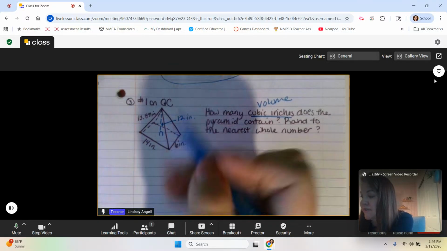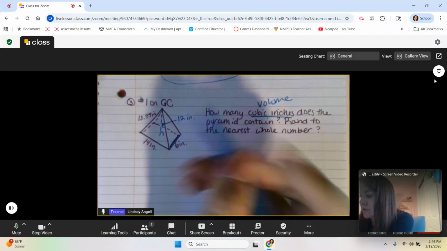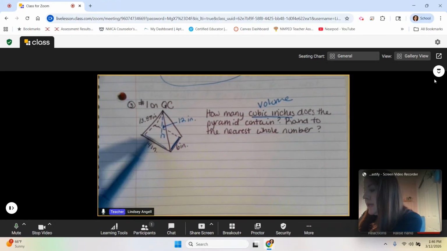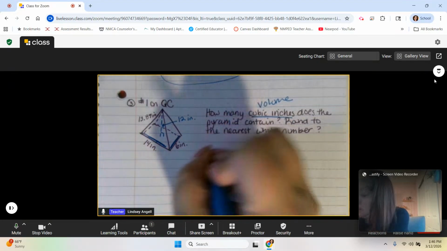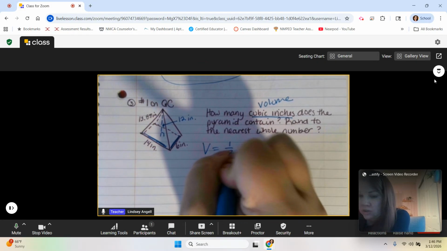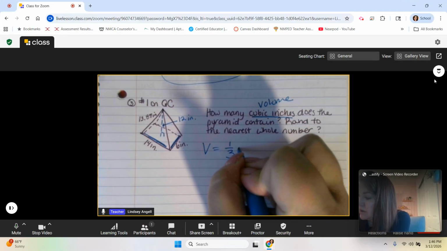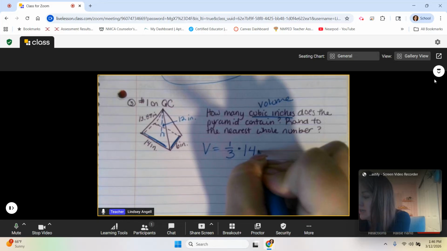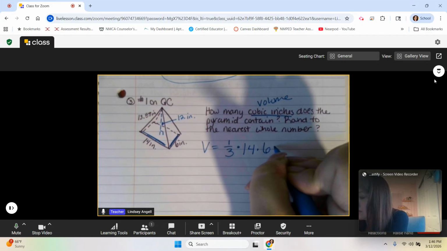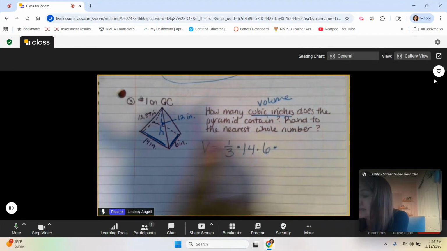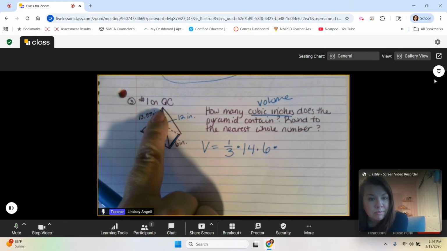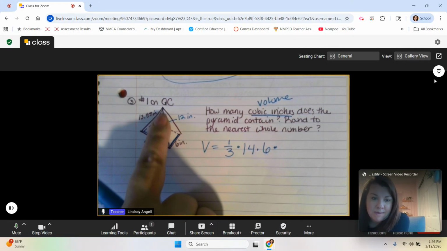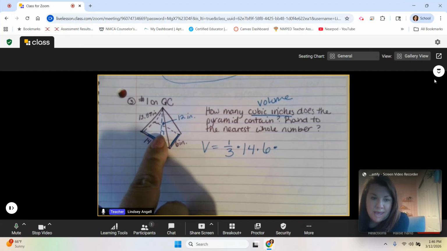Remember, we need to find the area of the base, which in this case is 14 times 6. So volume is equal to 1/3 times 14 times 6, or you could rearrange those, times the height. The height, remember, is the distance from the apex down to the base.